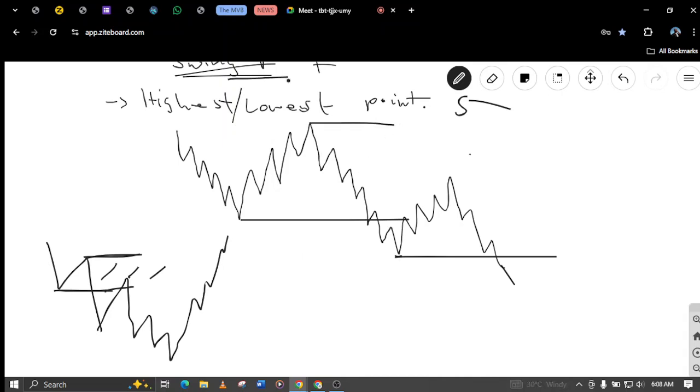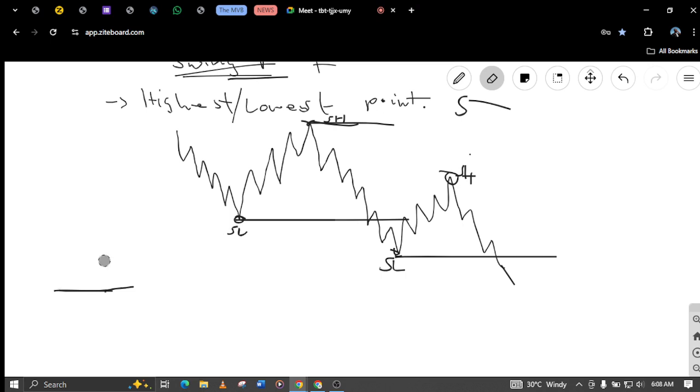Now swing points are the lowest points of the bigger structure, meaning it comprises many structures inside but makes just one structure like this. So swing point here, this is the swing low, this is the swing high, the swing low again, the swing high.